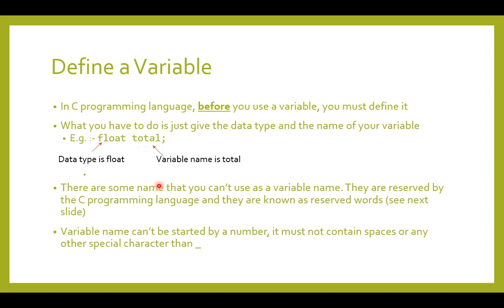You can't start a variable name by using a number. And in a variable name, you can't have any spaces or special symbols like $mark, @mark, commas, dots. Those special symbols you can't use. Only the underscore is allowed. You can use an underscore in a variable name.